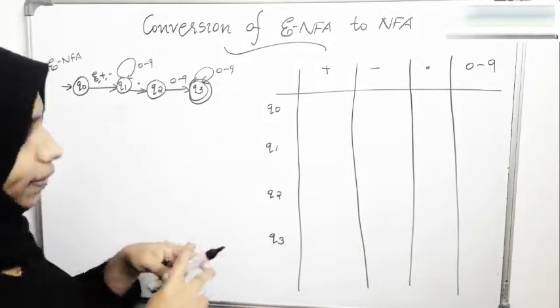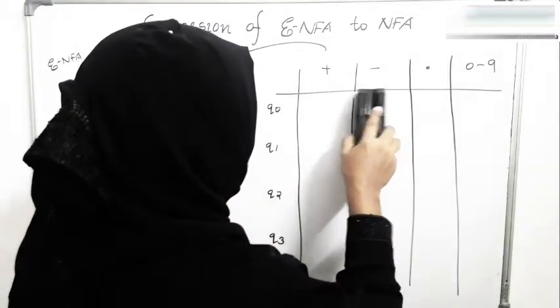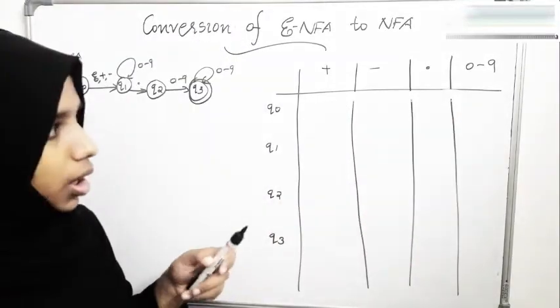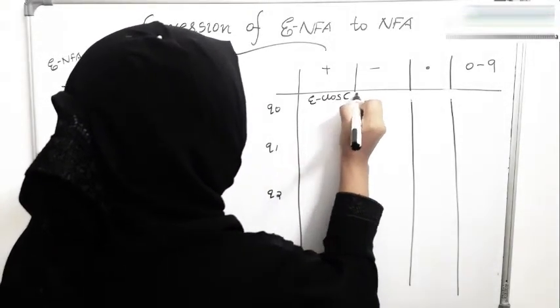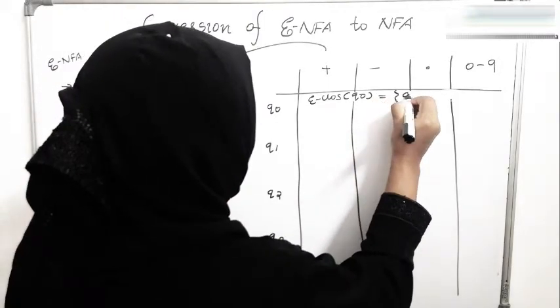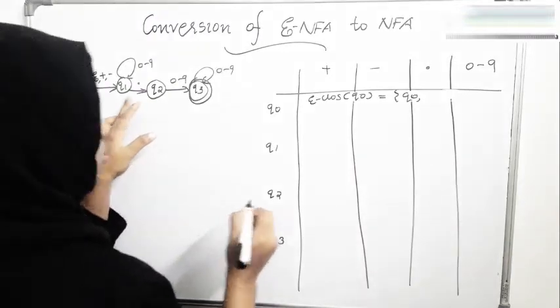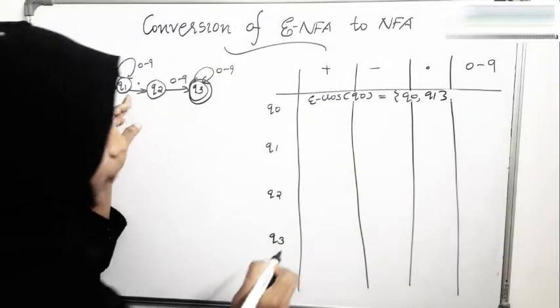Now the first thing that we need to do is take the epsilon closure of the state which is written on the left hand side. So E close of Q0. From Q0 on epsilon, definitely you can be at Q0 itself without giving input, and you can reach Q1 here. So this is the epsilon closure of Q0.